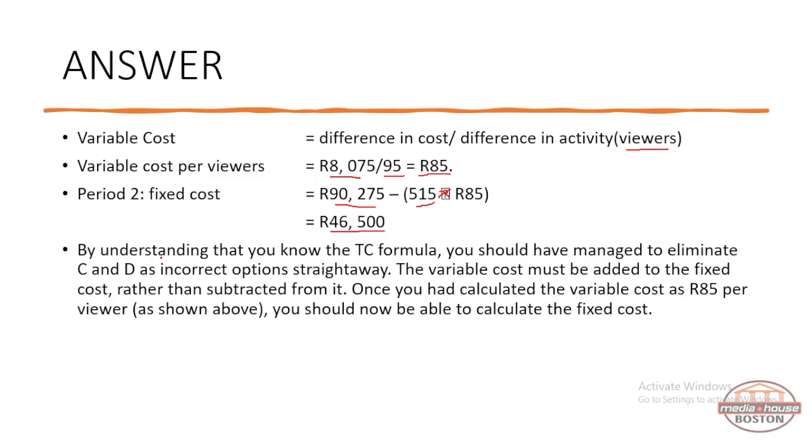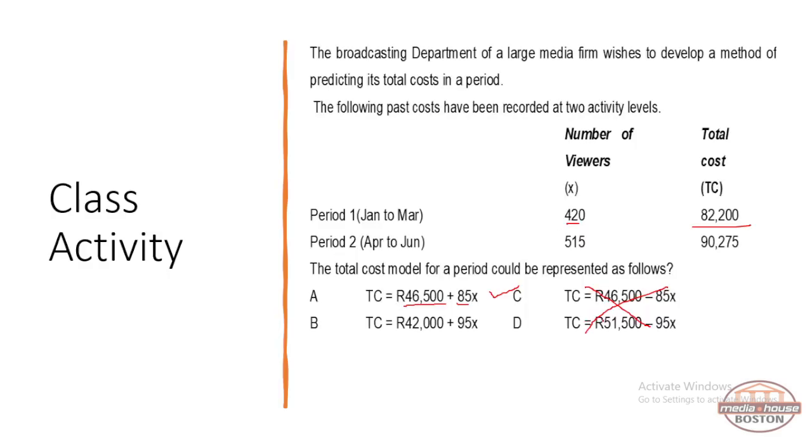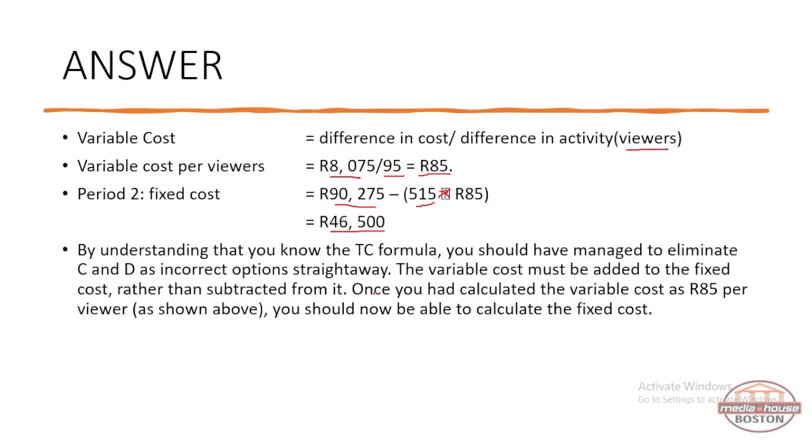So here it says that by understanding the TC formula, you should have managed to eliminate C and D as incorrect options straight away because of using the negative sign within the formula for TC. Once you see TC equals and you see a negative sign, that is totally out. And then the second thing is that the variable cost must be added to the fixed cost rather than being subtracted from it.